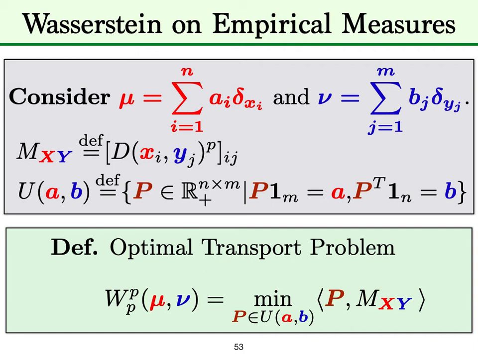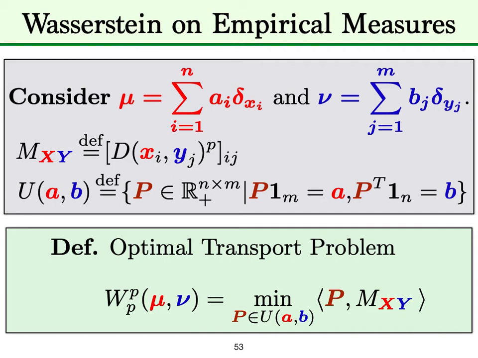And that cost matrix describes every distance between pairs of resource input locations and target locations. So it will basically list all of the distances between x_i's and y_j's. So if you have n and m points respectively, M_XY is going to be an n times m matrix.